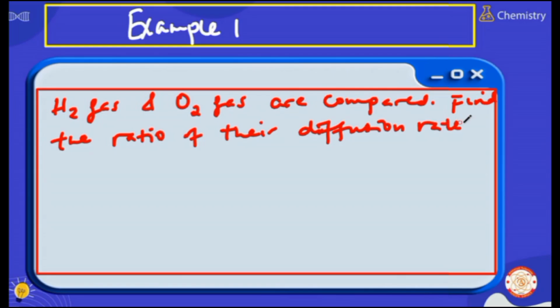Alright. So to compare the diffusion rates, what do we need? We need the molar mass of each of these gases, right?